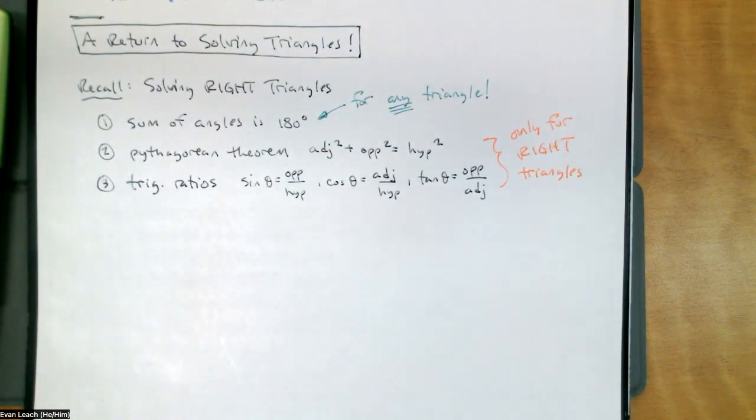So if we want to solve oblique triangles, that is a triangle that is not a right triangle, then we need a different set of tools. We don't get to use the Pythagorean theorem or trig ratios. At least we got the sum of the angles.